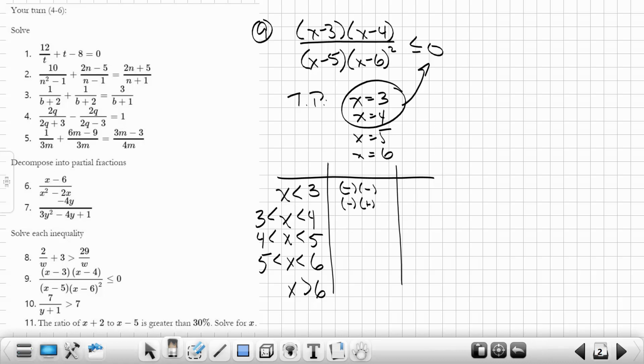Negative, positive makes a negative, so this is one test point that works. Between 3 and 4, I'll get positive, negative, negative, positive. That makes positive. That one does not work.